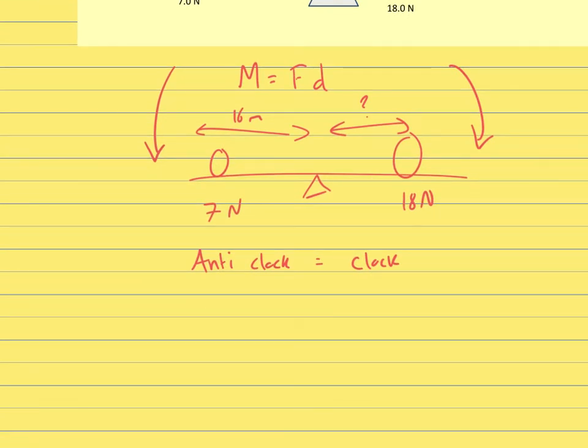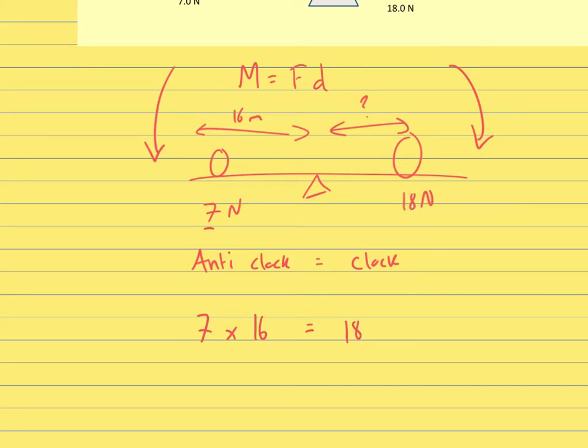So I'm going to use moment equals force times distance to calculate the anti-clockwise side. So what is my force? Well, it's 7 times, what's my distance? It is 16. 7 times 16 is going to equal, what's my force? 18.